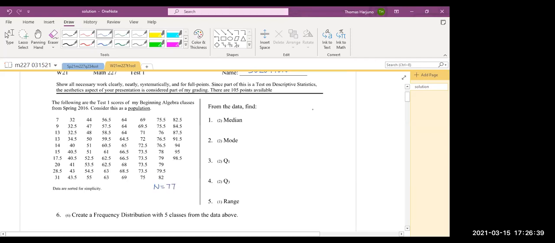The median position: you write it aside. 78 divided by 2 is 39. So data number 39 should be this one, right? That's 63. Okay, how about the mode?